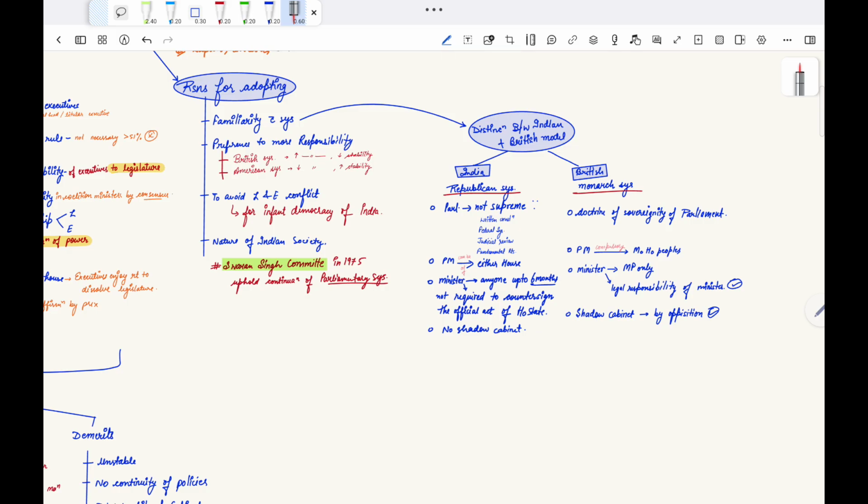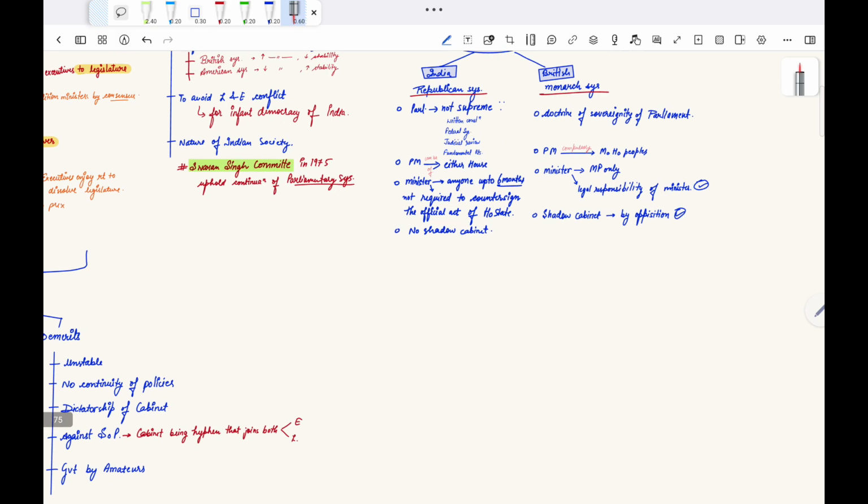On the other hand, in the monarch system, the real executive is hereditary.